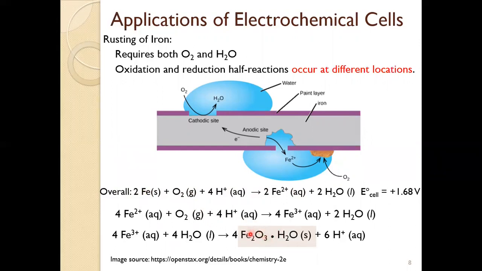As well, rust tends to be more of a flaky substance, so when it forms, it's likely to fall off, which then exposes more of the iron to further oxidation. Unlike some of these other oxidation corrosion reactions, such as the tarnishing and the formation of patina, where they form oxidative, protective layers, where only the top of the substance is oxidized, and that protects the rest of the substance from being further oxidized. But with iron, fortunately, that's not the case.